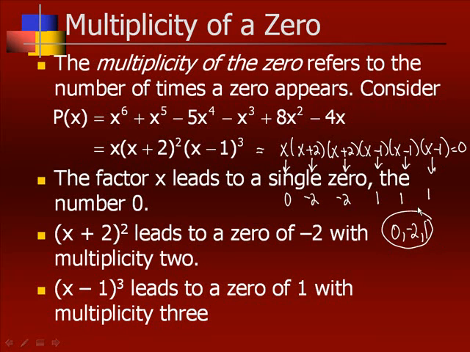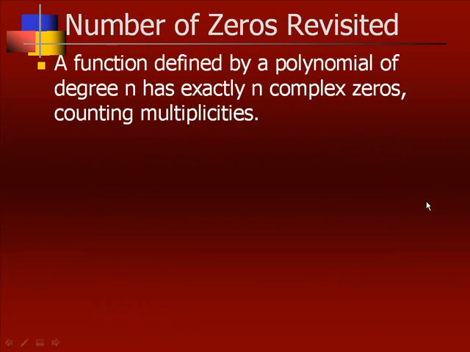But our theorem earlier said there's going to be 6 zeros, and looking at this we only see 3. But there's 1, 2, 3, 4, 5, 6. A function defined by a polynomial of degree n has exactly n complex zeros counting multiplicities.